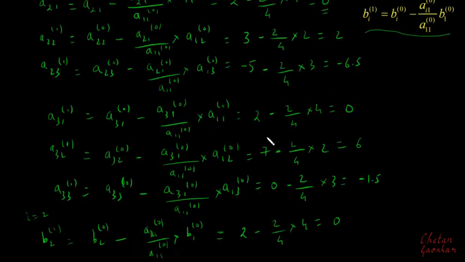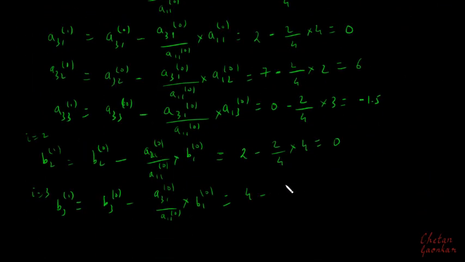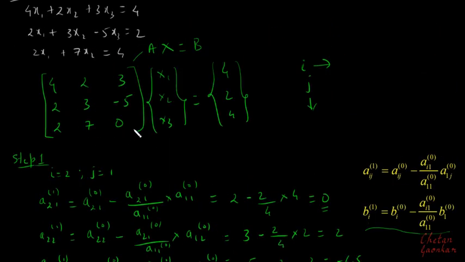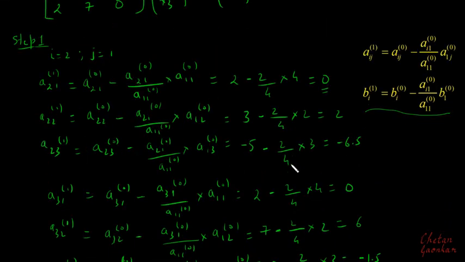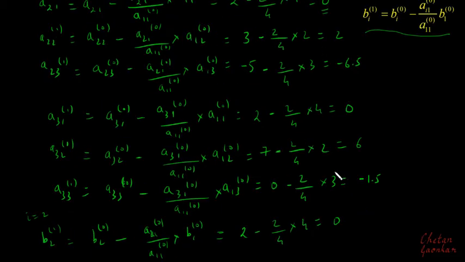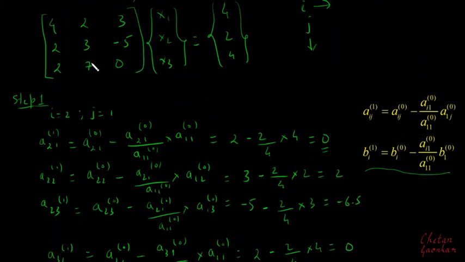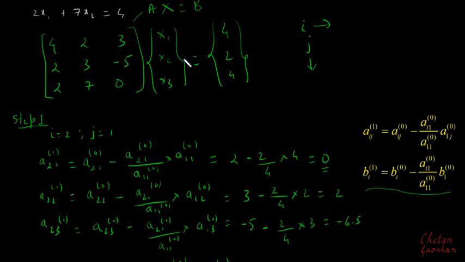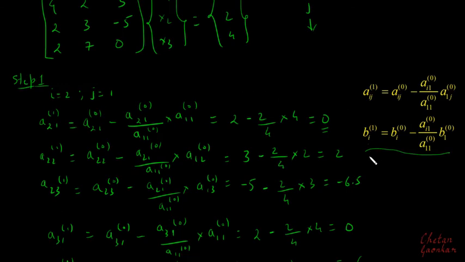The present element is 4 minus a31. a31 is 2, right? This is 2 divided by 4. a11 original is 4 multiplied by b1 original is 4, and this will become 2. So this is what we get after step 1, that is after applying this formula to row number 2 and row number 3, we get the new elements as this.